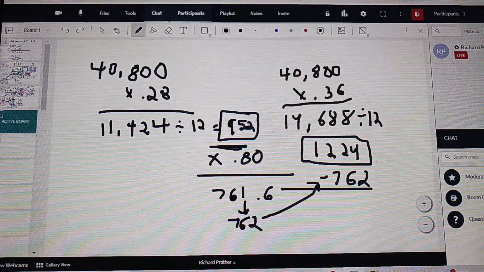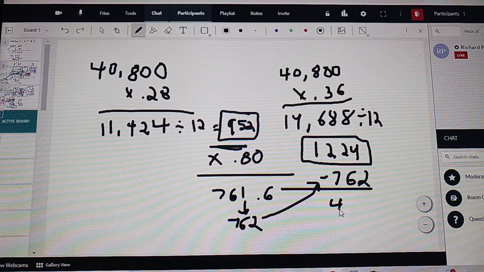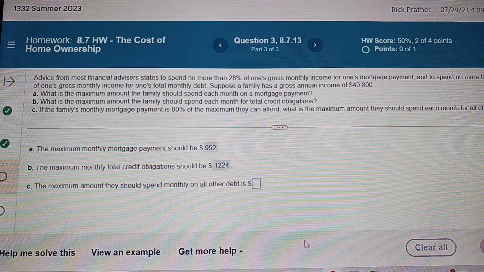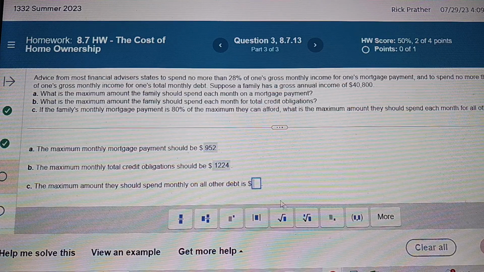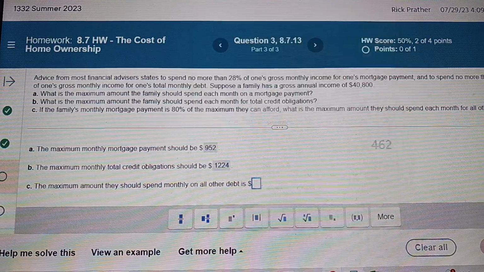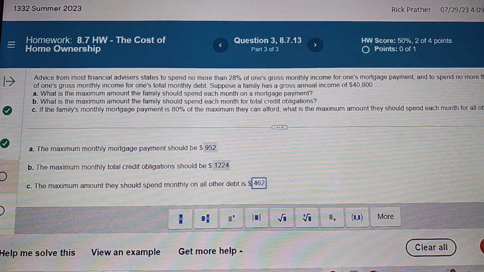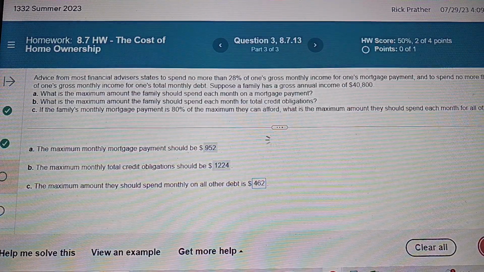So it leaves you $462 to work with for all your other debt. And again, this is just made up numbers. Why did this have to be 80%? Somebody was just suggesting that. So this is just so you can do this problem, but it's not that these are set in stone that everybody should live this way.